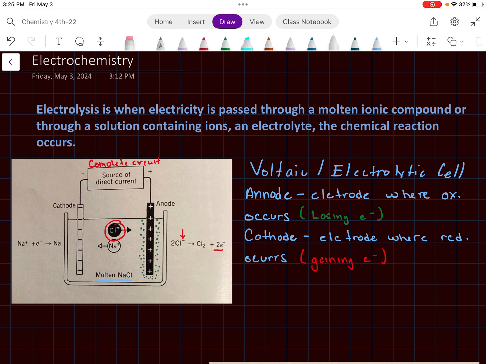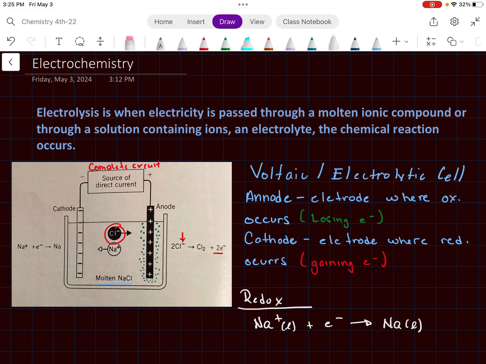If I was to write this redox, it would look something like this. You can see that Na plus, this is in liquid, is gaining electrons to become metallic sodium. All right.